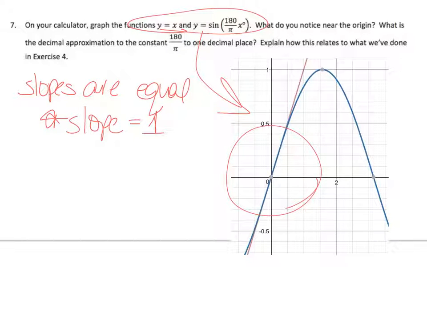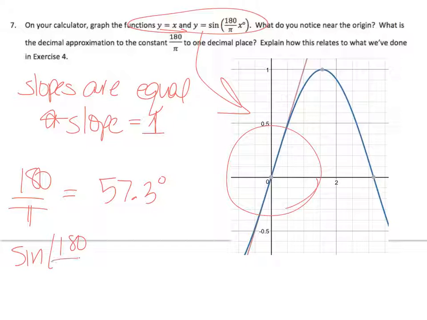And then on a calculator, you can do 180 divided by pi, and it's about 57.3 degrees. Okay, so sine of 180 over pi x degrees is about equal to sine of 57x degrees.